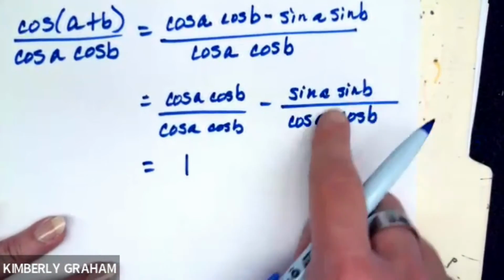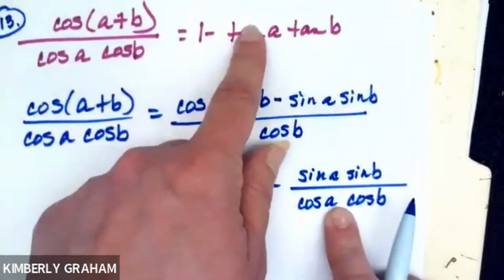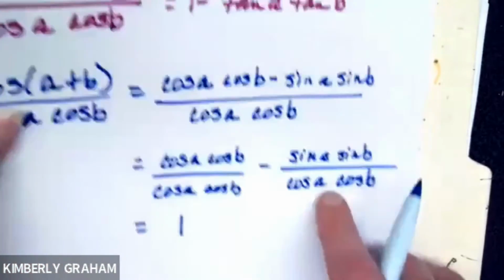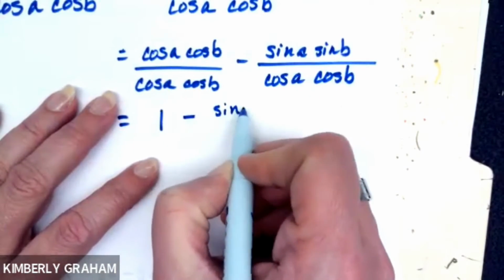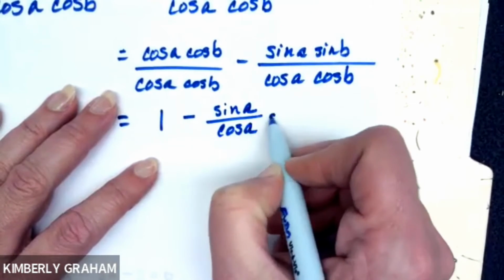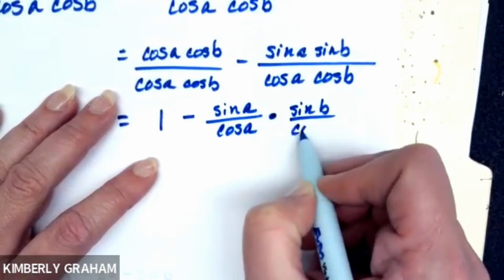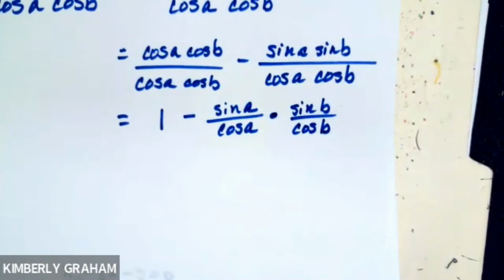And what I would like to do here is to try to get this in terms of tangent of A and tangent of B. So I can write this out as sine A over cosine A times sine B over cosine B. Okay?